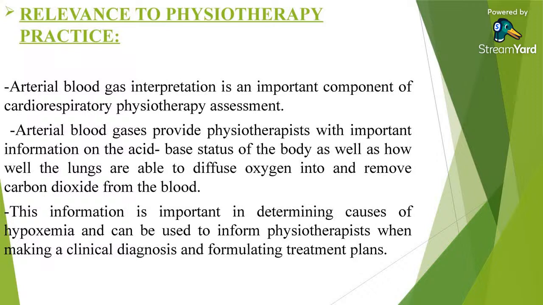This information is important in determining causes of hypoxemia and can be used to inform physiotherapists when making a clinical diagnosis and formulating treatment plans. So basically, ABG will help us to identify the levels of oxygen and carbon dioxide in our blood.